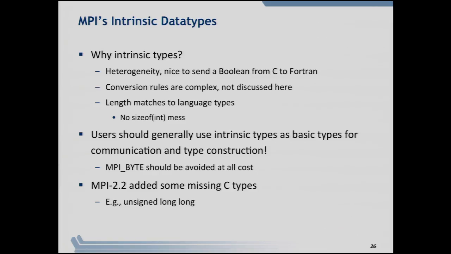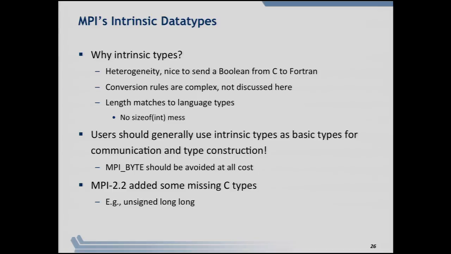Whereas if you pass the right type, so you said that your buffer had an integer type or a double precision or whatever, the MPI implementation could do the reordering for you, and you get the right data in the right buffer. So that's one reason, and you don't need to do the sizeof business.